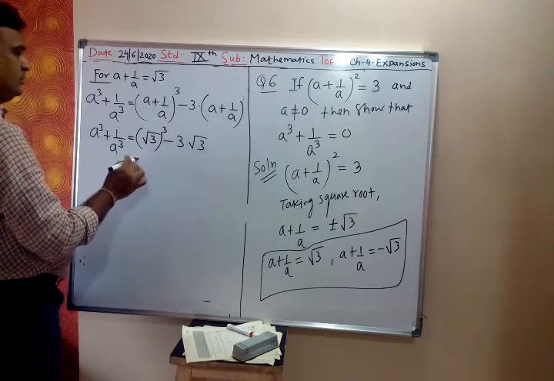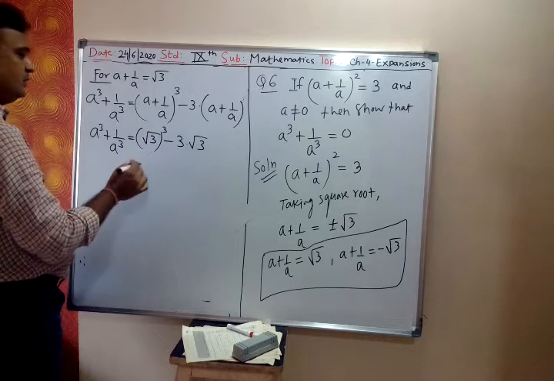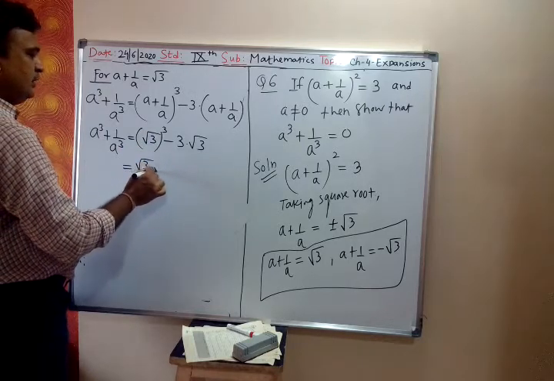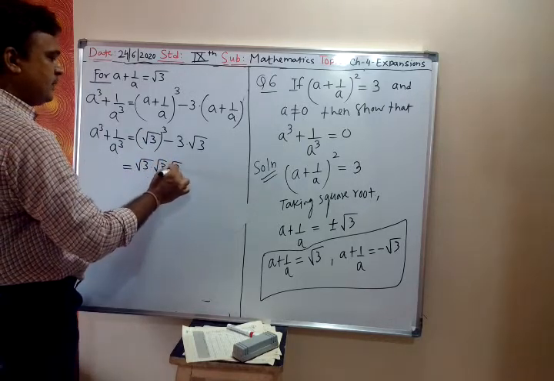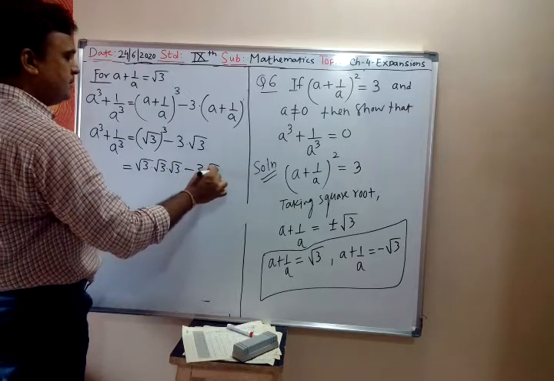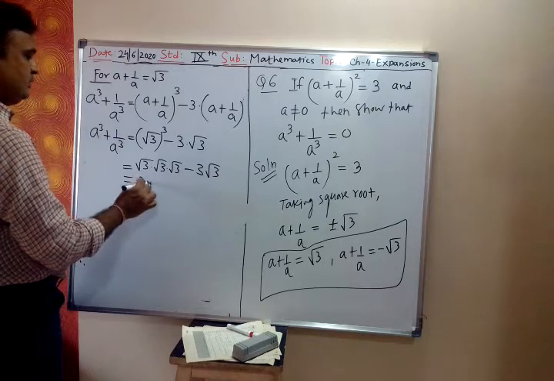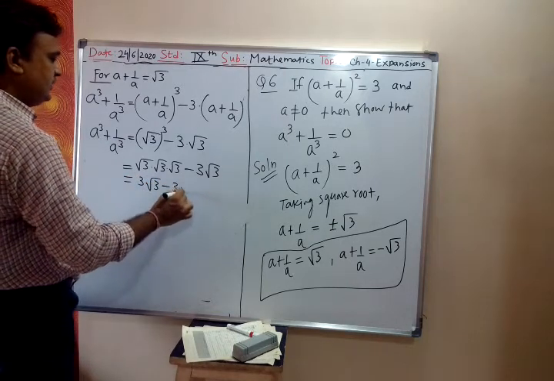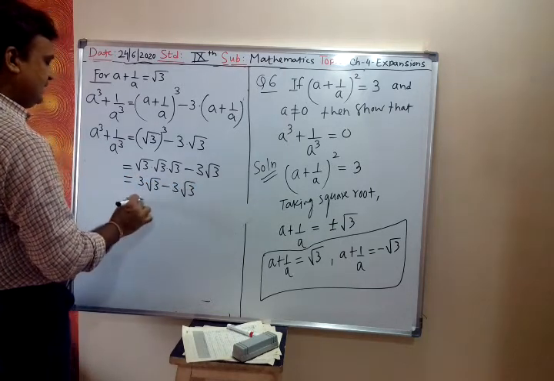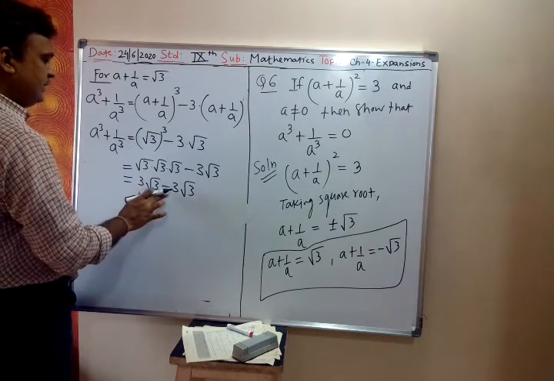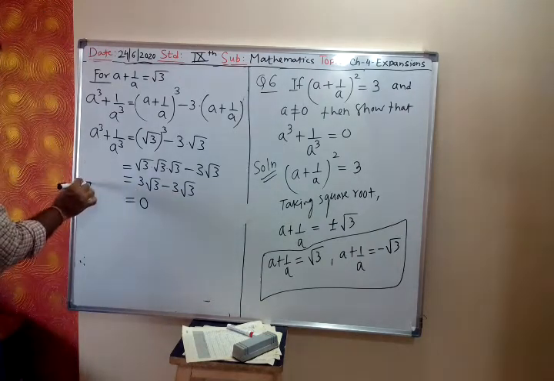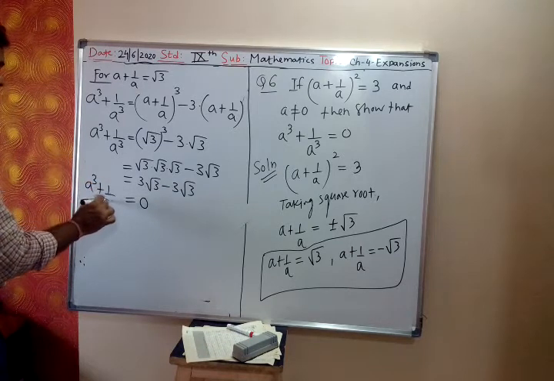Root 3 cube is root 3 into root 3 into root 3, minus 3 root 3. Root 3 into root 3 is 3, so 3 root 3 minus 3 root 3. This gets cancelled. Answer is 0. So a cube plus 1 upon a cube value is 0.